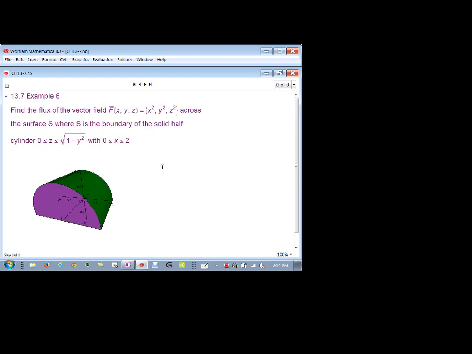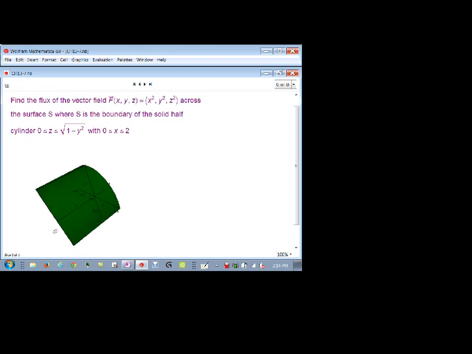Okay. Find the flux of the vector field across the surface where S is the boundary of the solid half cylinder. So look at this here. Here's your cylinder.